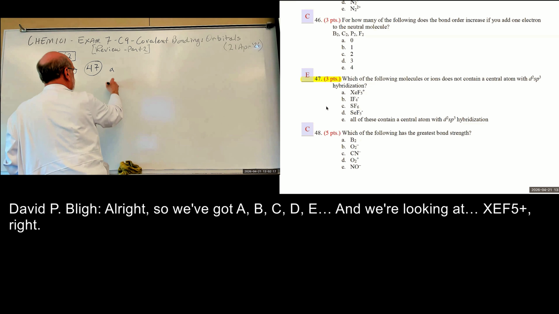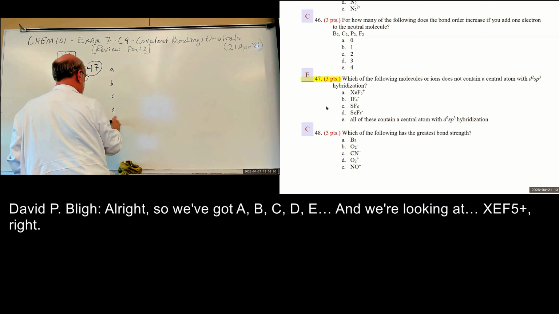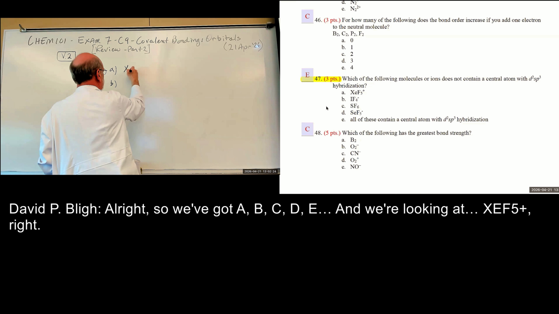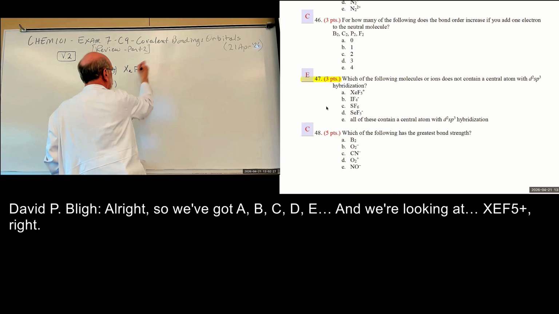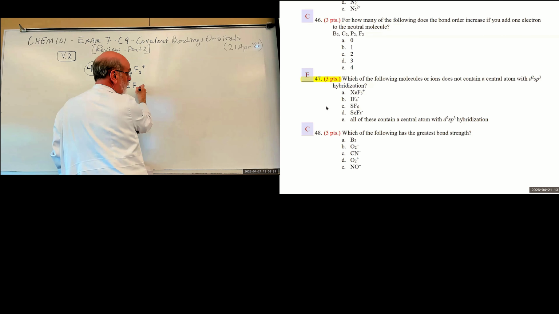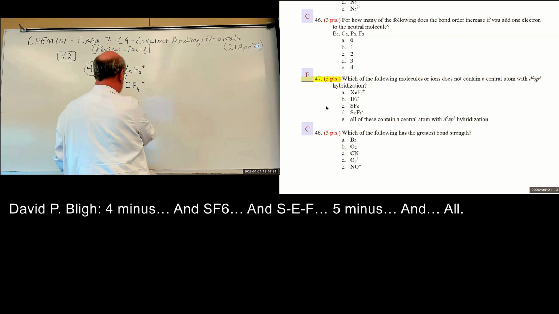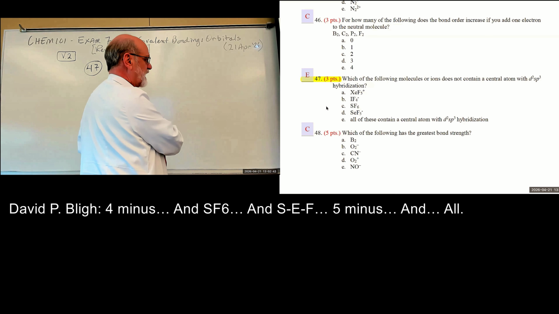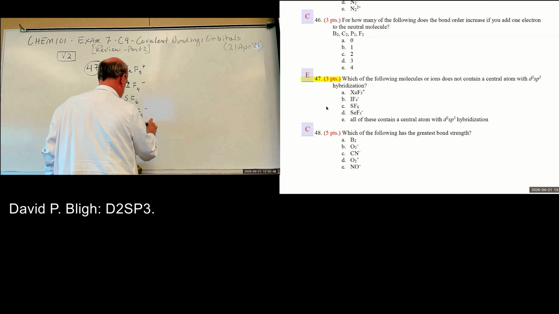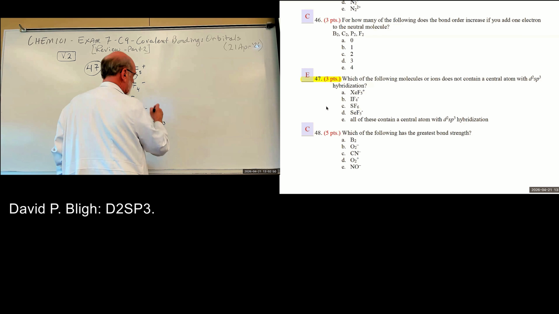All right, so we've got A, B, C, D, E. And we're looking at XeF5 plus, IF4 minus, SF6, and SeF5 minus, and all are d2sp3.